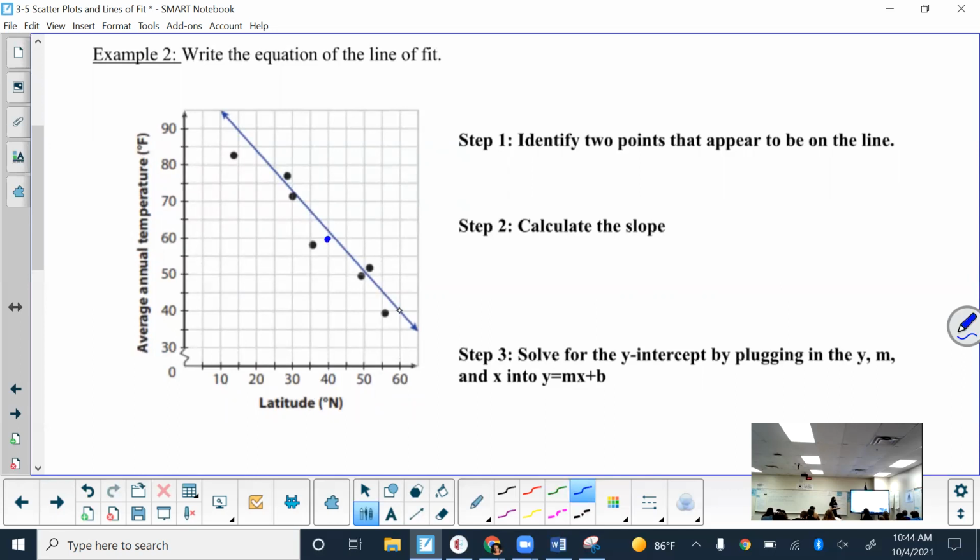Yeah. Okay, good. I would pick that one too. Let's see. 10, 100 would be up here. Do you mean 10, 95? Okay. What was the other one you said? 55, 45 works. Good. What's another one we could use?